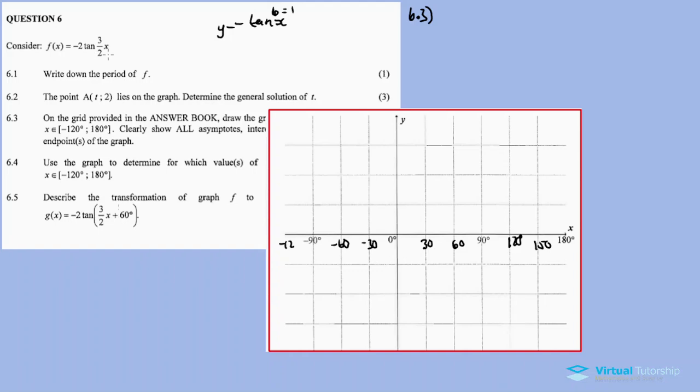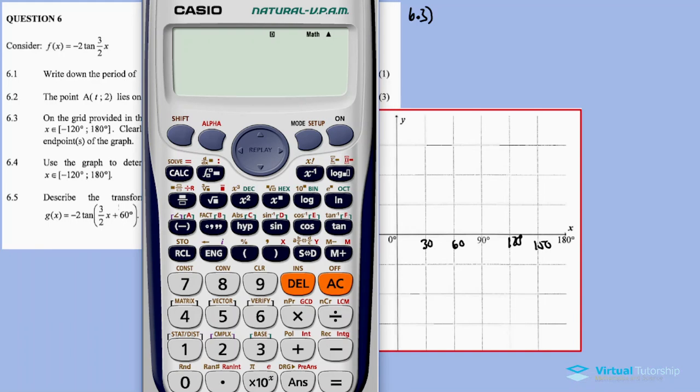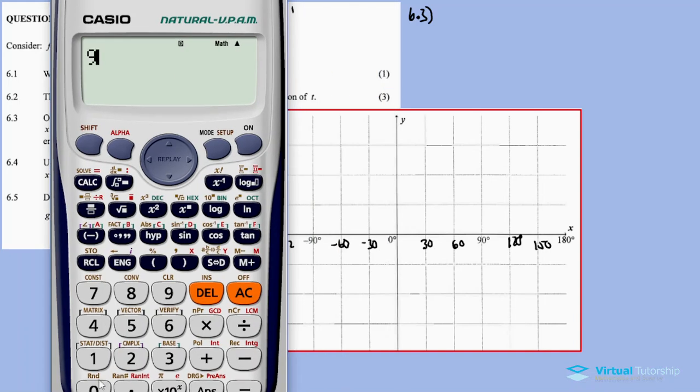Since the b value is equal to 3/2, it means that your asymptotes, you take the asymptotes of the parent function. 90 degrees is an asymptote of the parent function. So divide by the value of b, just like we did with the period. 90 divided by 3/2 is 60 degrees.